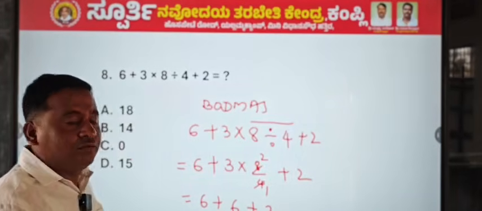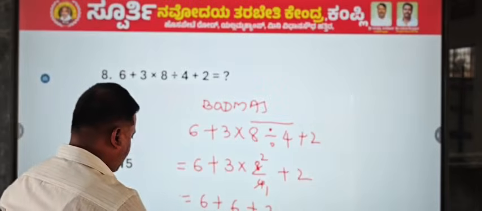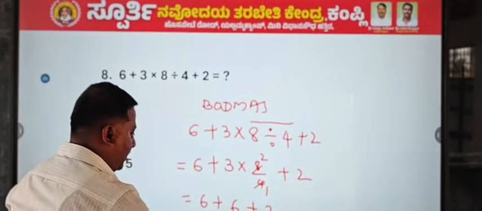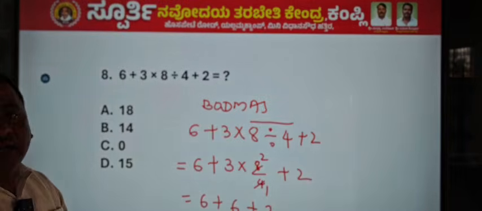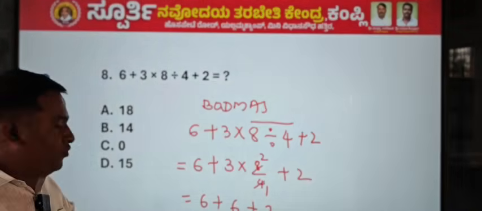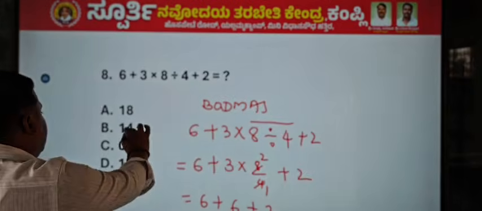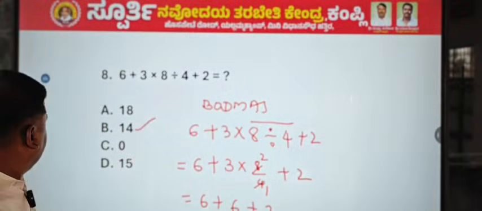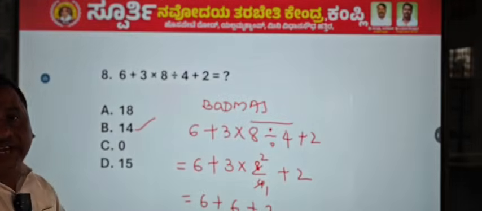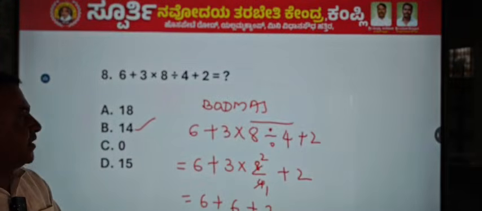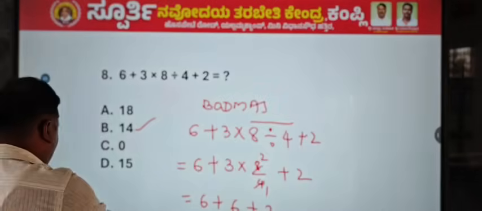Again plus 2. 6 plus 6, 12, 12 plus 2, 14. Here the first option 18 is not correct. Second option 14 is the correct one. Option C is 0, it is wrong. D option 15, it is wrong. Therefore, the second option 14 is the correct answer.